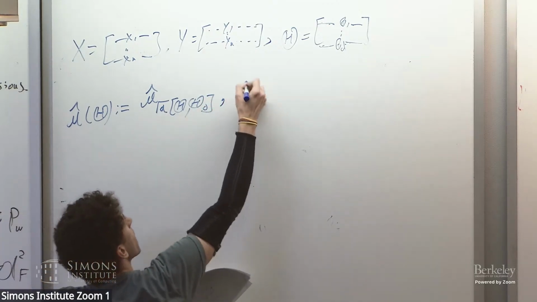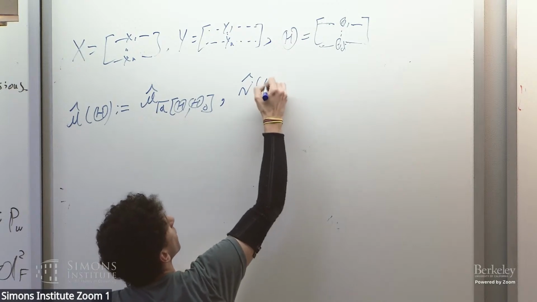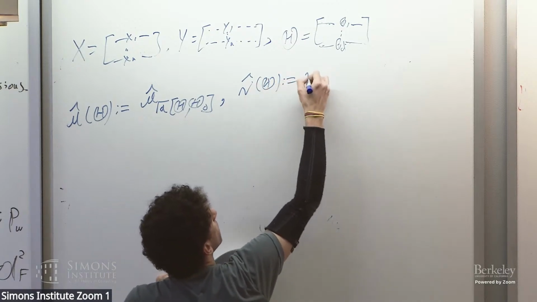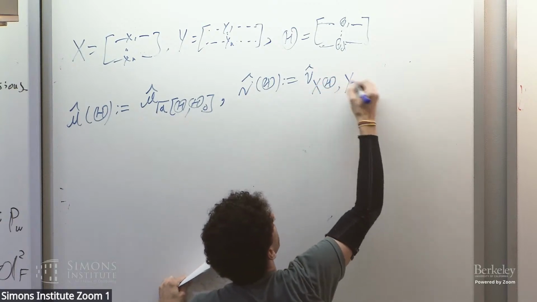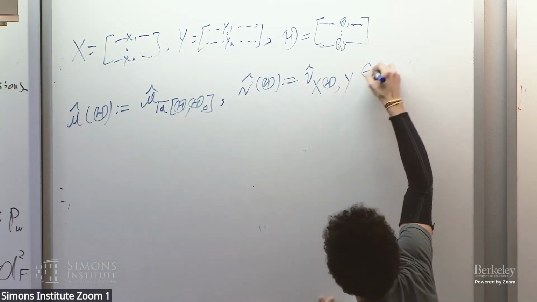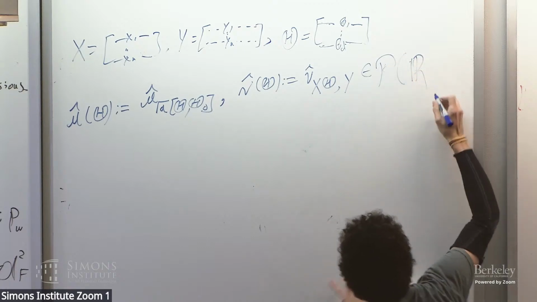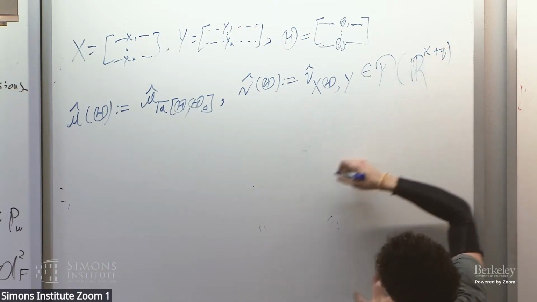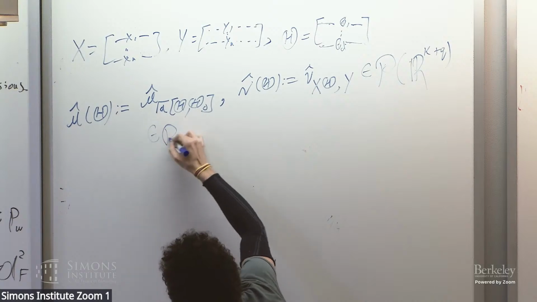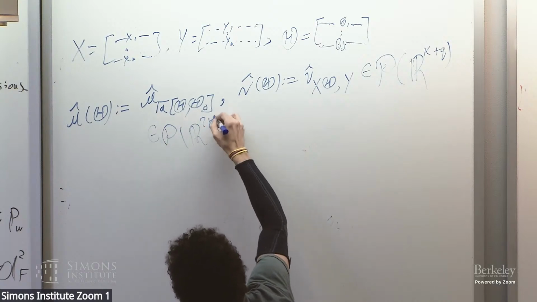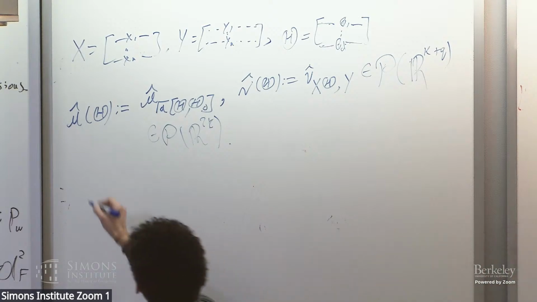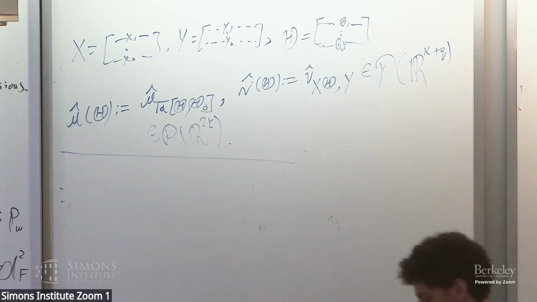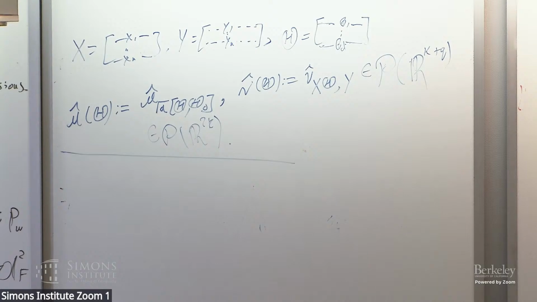Then I'll use mu hat of theta to be the empirical distribution of x theta and y. So this quantity in particular is in a set of distributions on k plus q, and this is in distributions on 2k.